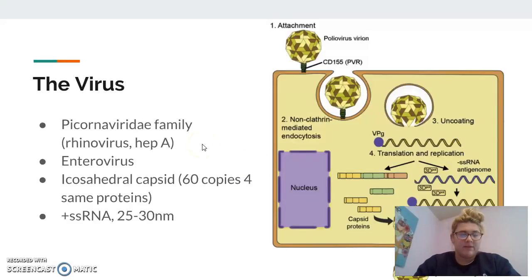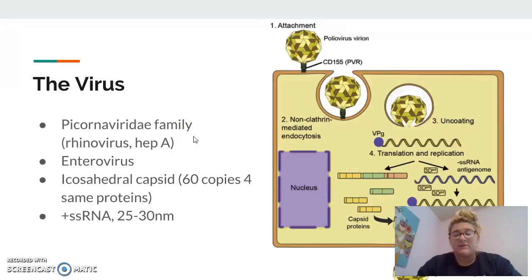So what the virus is, it's part of the Picornaviridae family, which also contains the rhinovirus and hepatitis A, and it's in the enterovirus genus, which means that it's able to withstand a low pH.